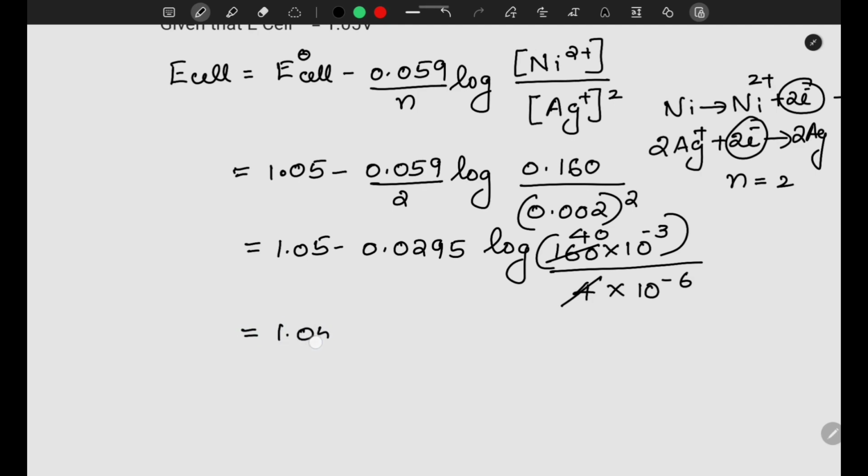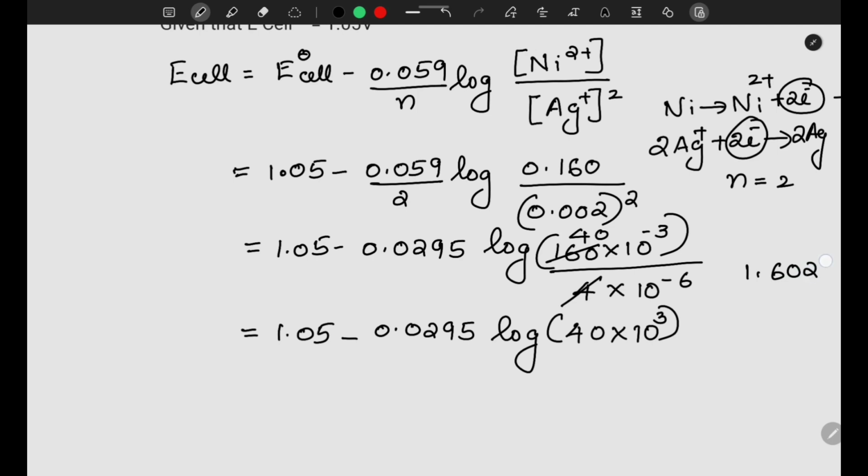That is equal to 1.05 minus 0.0295 log 40 into 10 raised to 3. Log 40 is 1.6021 and log 10 raised to 3 is 3.